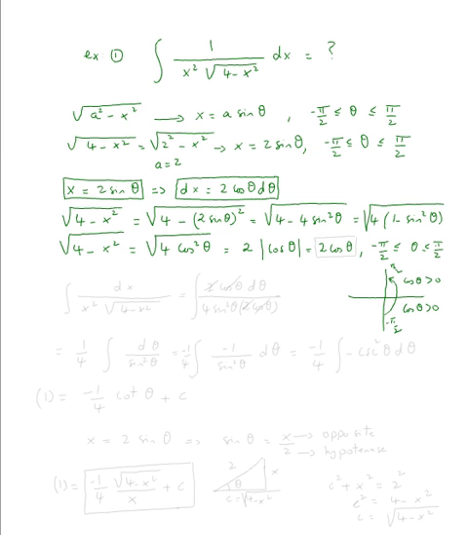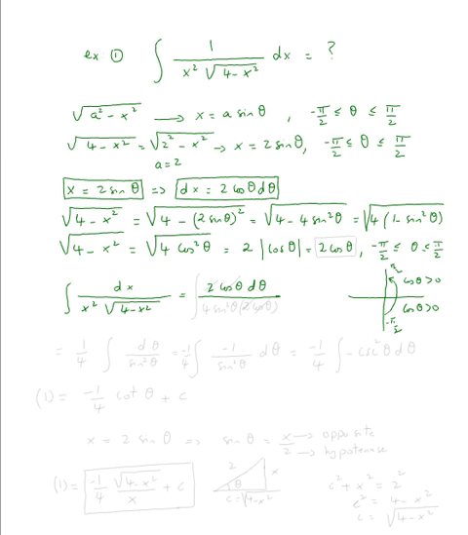Now let's evaluate our integral of dx over x squared square root of 4 minus x squared. The dx is 2 cosine theta d theta, over x squared.